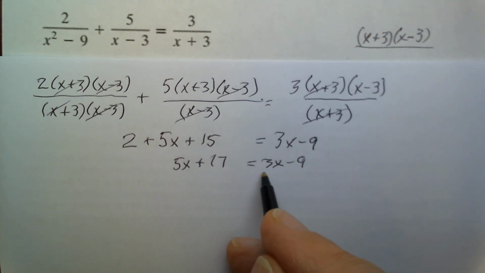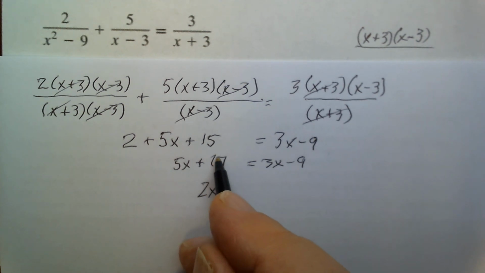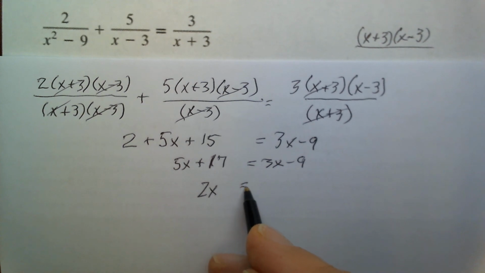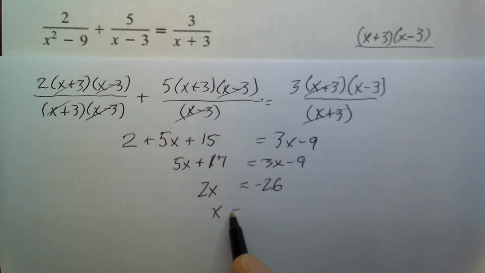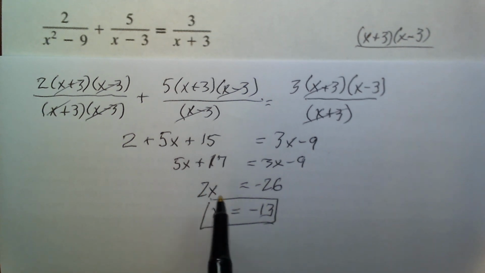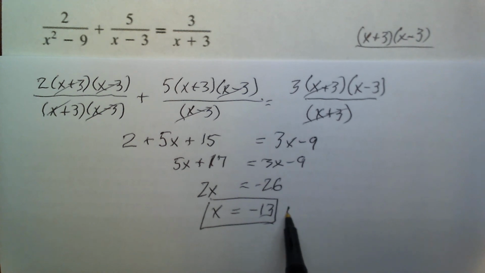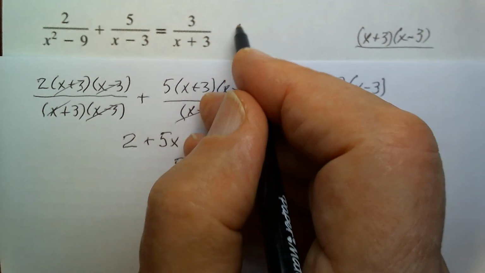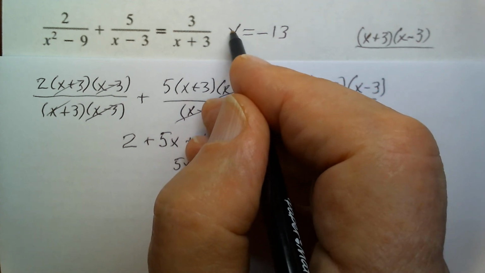So we subtract 3x on both sides, we get 2x. And when we subtract 17 on both sides, we get minus 26. And we divide both sides by 2, so x equals minus 13. And you can check minus 13 in the original equation, and you find out that it's a solution that works. So x equals minus 13.